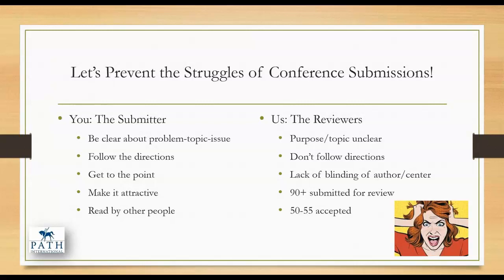Keep things succinct and consistent and to the point, and make it attractive. We'll get to the bait part in just a minute, but really what we're trying to encourage you to do is make your abstract attractive so that we want to accept it. I would also suggest that you have your abstract draft read by other people, because once again, you know it so well, sometimes it's hard to see the forest for the trees.